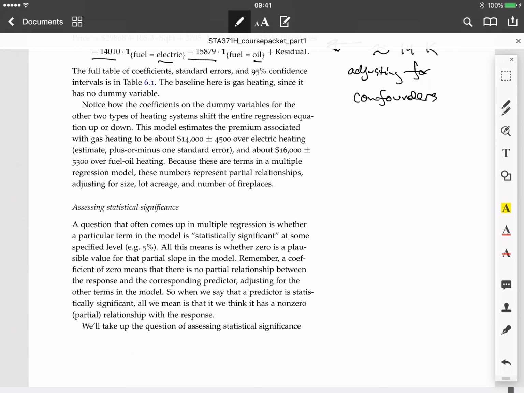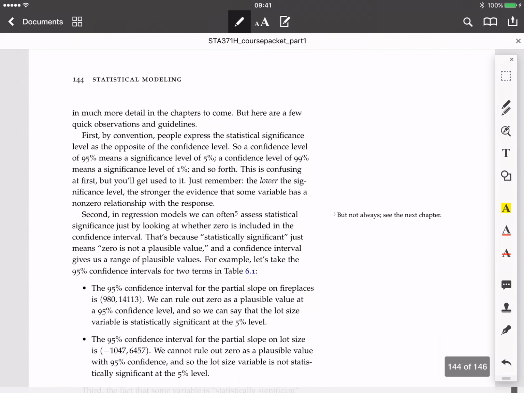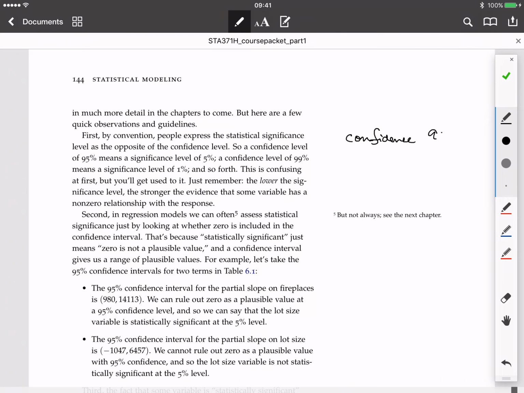Now, we're going to take up this question of assessing statistical significance a lot more in the chapters to come, but I'll give you a few quick observations and guidelines here. First, and this is a bit counterintuitive at first, we usually express the statistical significance level as the opposite of the confidence level. Okay, so if your confidence level is 95%, what does that imply?